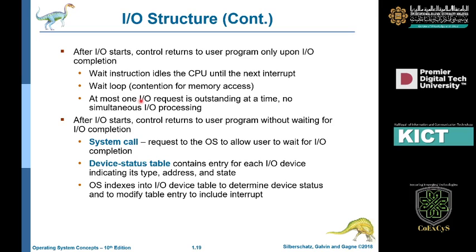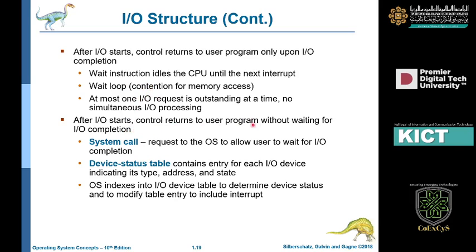In this case, it waits, with instructions to idle the CPU until the next interrupt. So there is a wait loop, contention for memory access basically, and at most one IO request is outstanding at a time, and there's no simultaneous IO processing, right? So it kind of waits for instruction to handle the next interrupt.